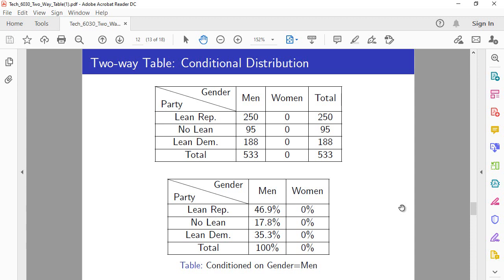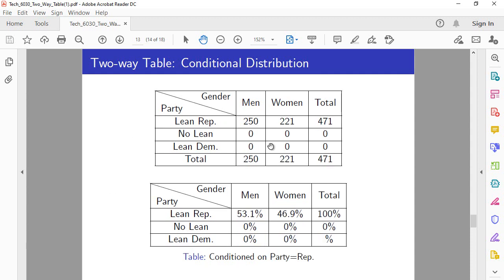We can make another conditional distribution conditioned on gender value women as well, which I'm not going to do. But we can also look at the conditional distribution of gender conditioned on the party values. So I'm going to do an example of that.